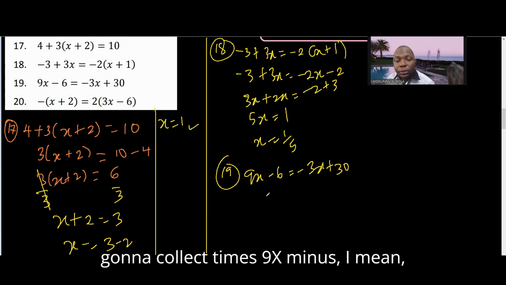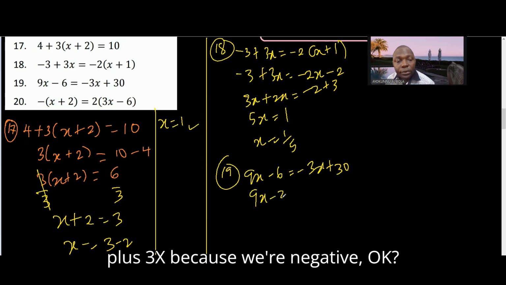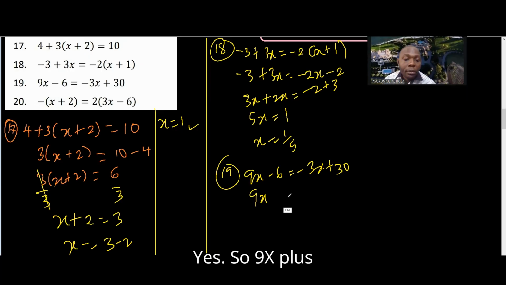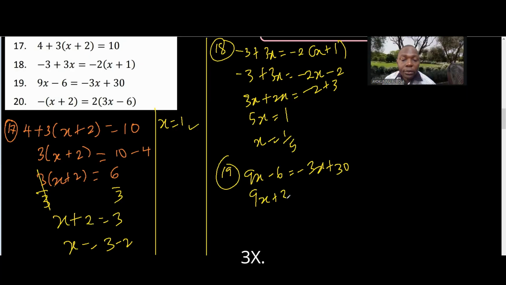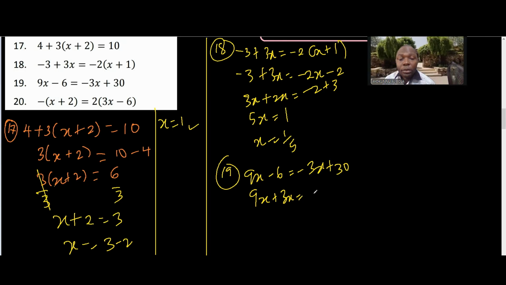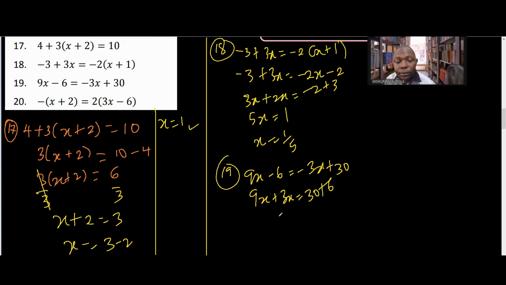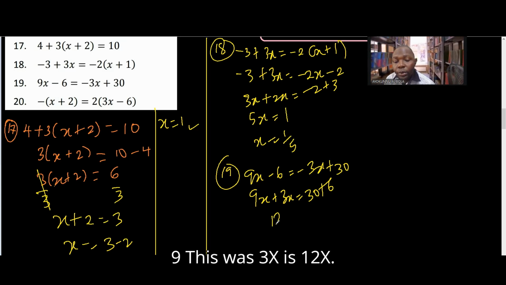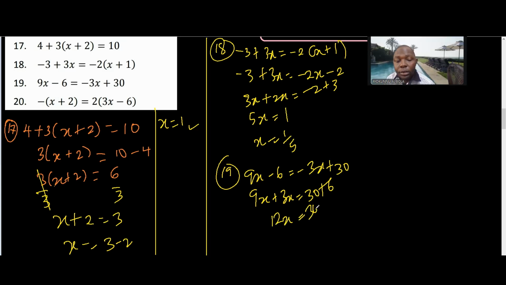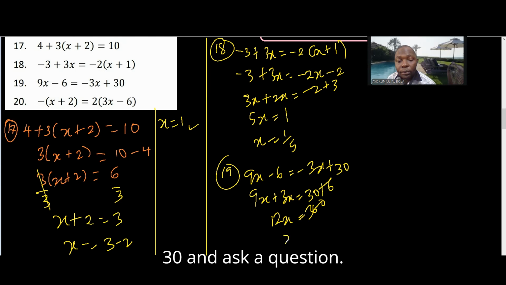Now, we collect like terms. 9x plus 3x because it was negative, okay? Yes. So 9x plus 3x equal to 30 plus 6, okay? 9x plus 3x is 12x. That's equal to 36.